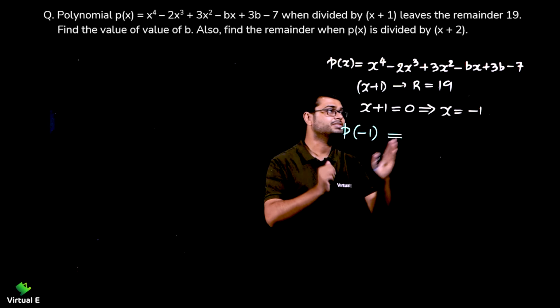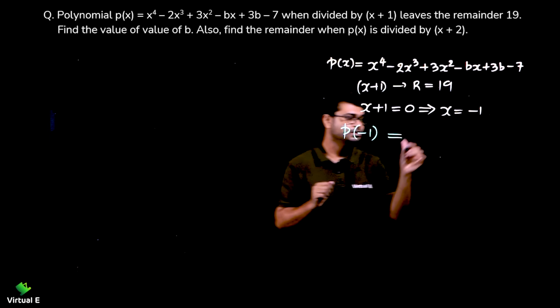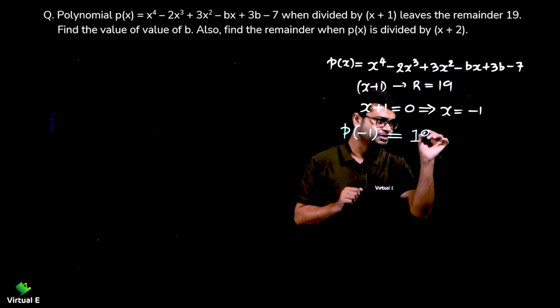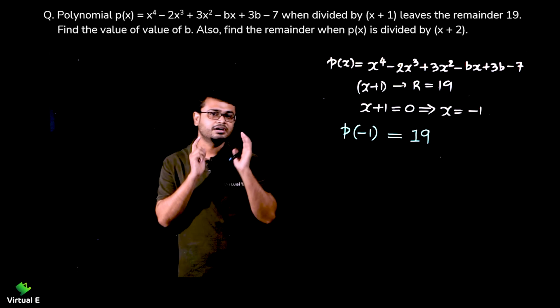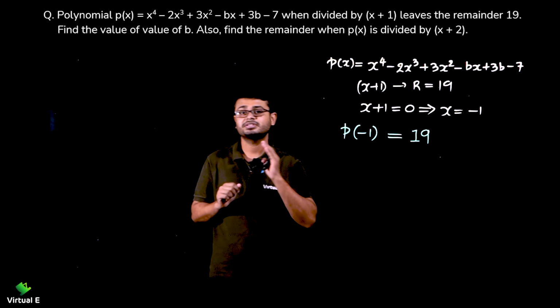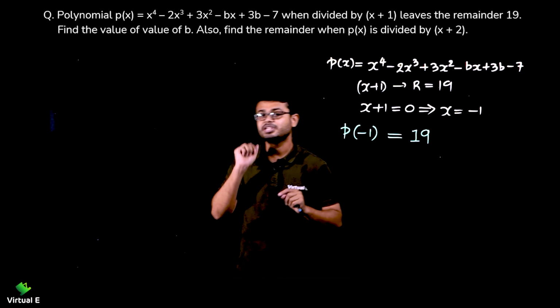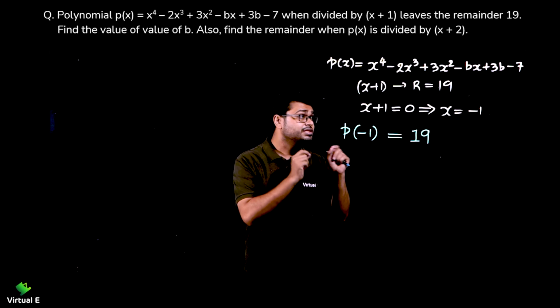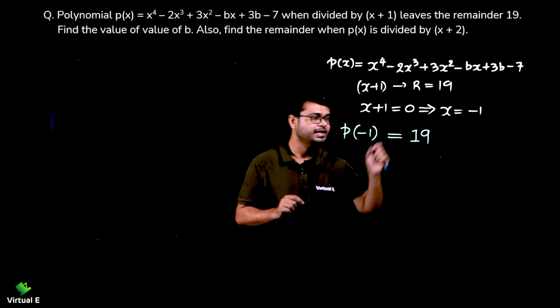But in this case, the remainder is already given, which is 19. So we can write is equal to 19. Remember the case when the word divisible was given. When we discussed the first question of this topic, we took the remainder as 0, right? But in this case, the remainder is straightforwardly given, which is 19.